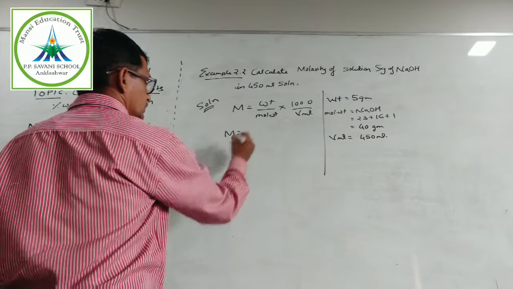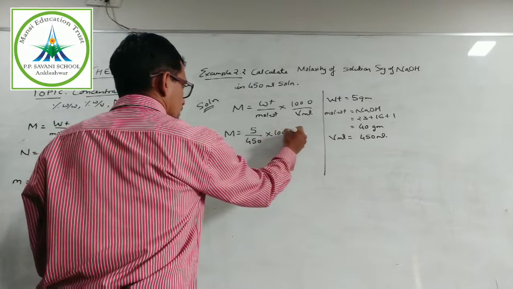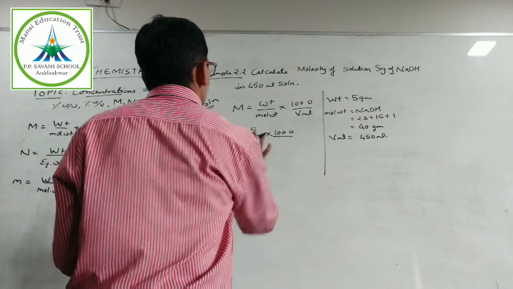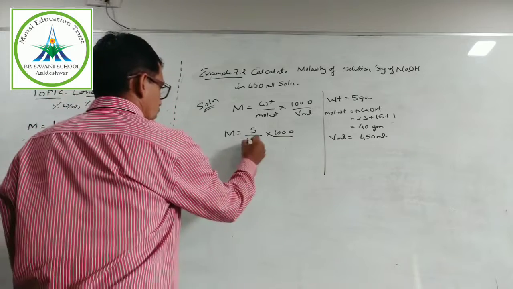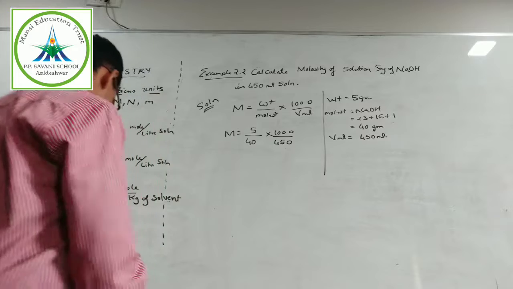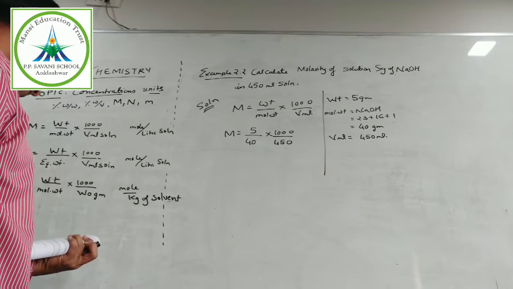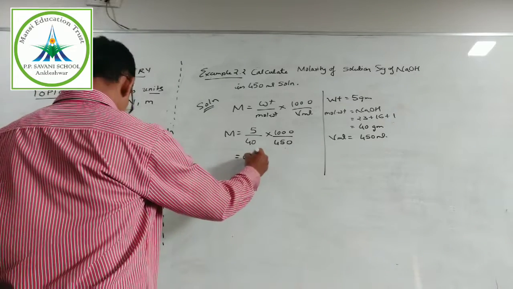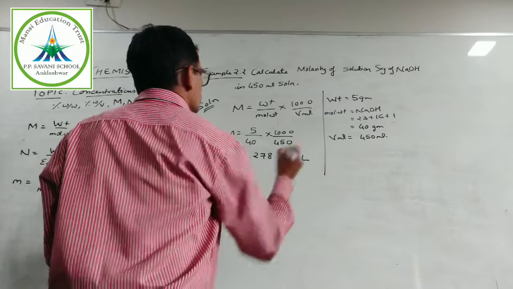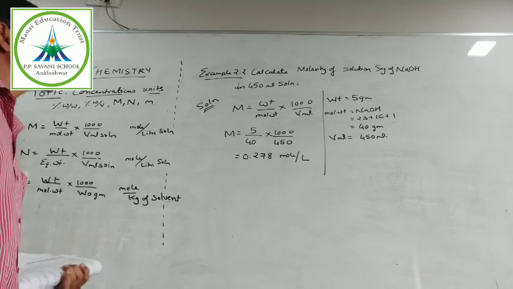Molarity is equal to 5 by 40, the molecular weight of NaOH, multiplied by 1000 divided by 450. So the answer will come 0.278 mole per liter. The unit of molarity is mole per liter.